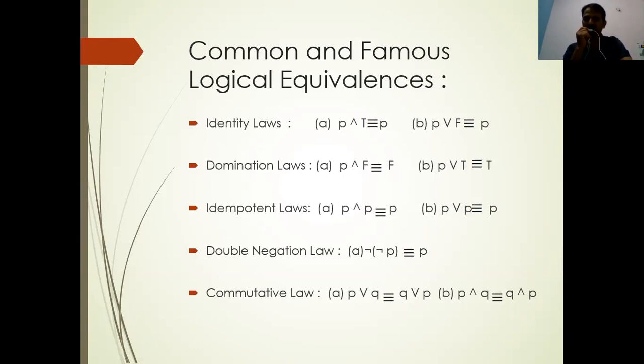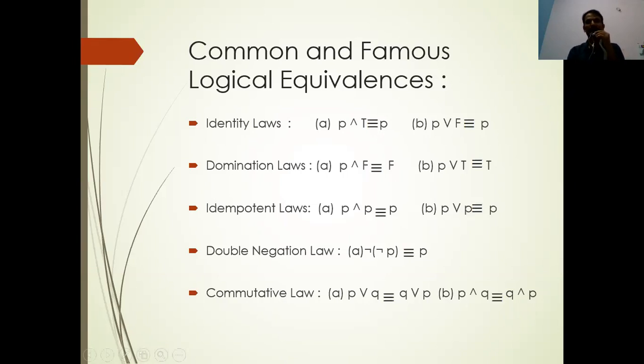Idempotent law: P and P is equal to P only, and P or P is equal to P only. This is the idempotent law. Double negation law: if P is any statement, then negation of negation of P is equivalent to P only.